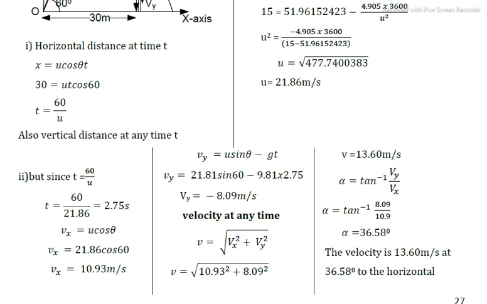The vertical component is u sine theta minus gt. We have already got the value for u. We have theta as 60 degrees. We have g and we have got t. So we substitute to get v as negative 8.09.